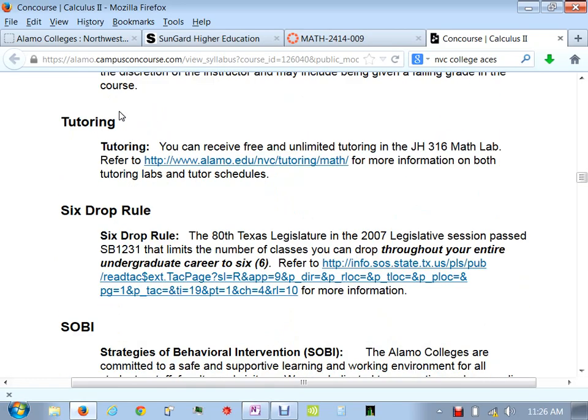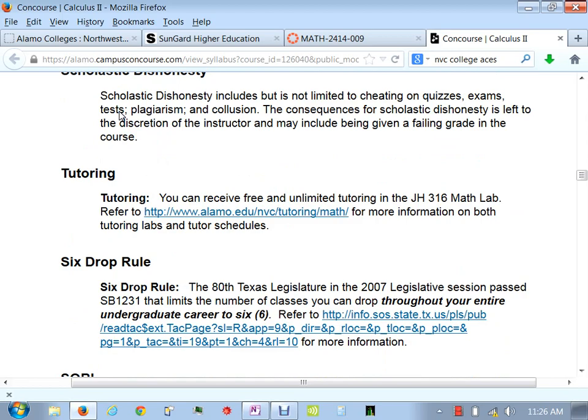Tutoring. Cal 2 tutoring. Well, you can go to Juniper Hall 316. There are some tutors in there that can help you with Cal 2. Just be careful, because it's very difficult to be tutored by someone who's taking Cal 2, and it's difficult for someone who just took Cal 2 to tutor Cal 2.